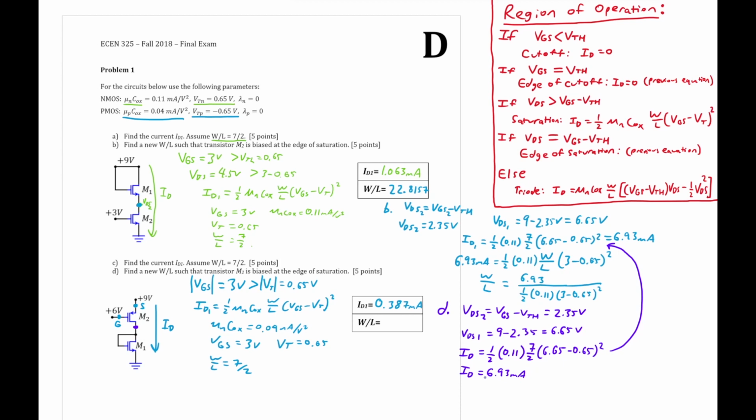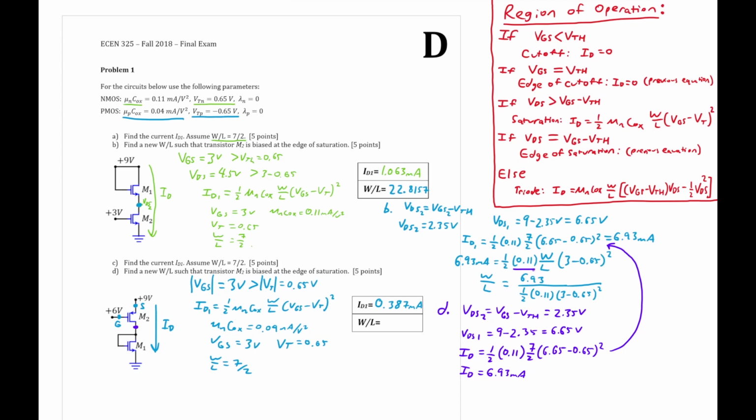Okay, and then for the final step, just like how we did in part B, we have to plug in our current and solve for the new value of W over L so that M2 is biased at the edge of saturation. And so the only thing that changes in our part D for this problem is actually our mu n COX value, which changes because we are using a PMOS transistor for M2.